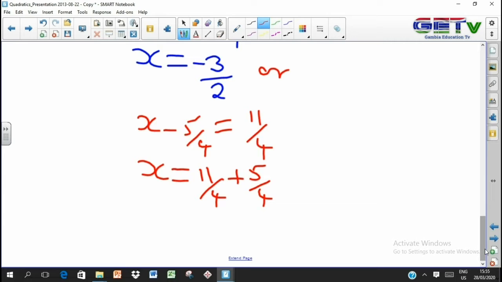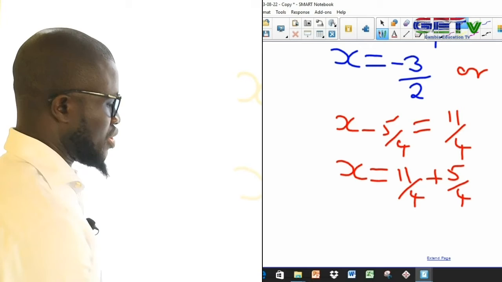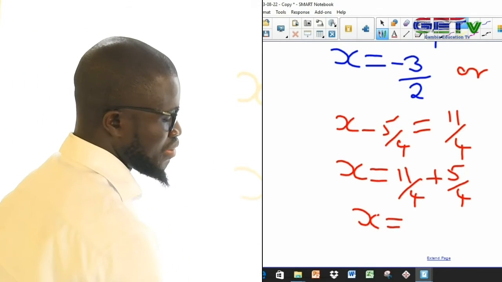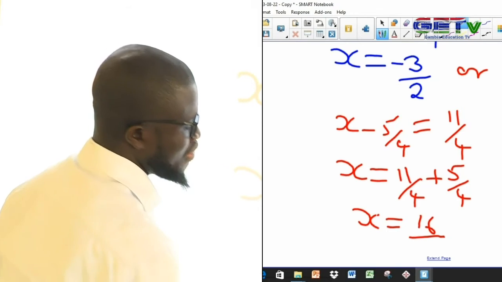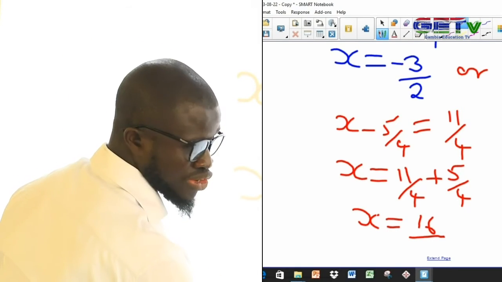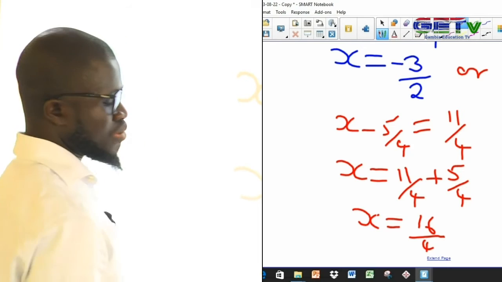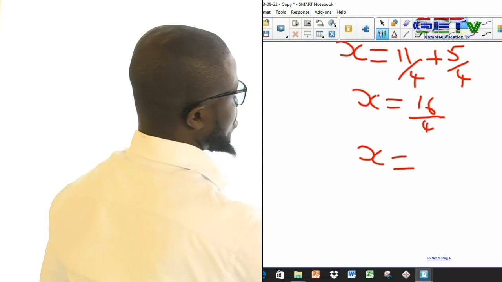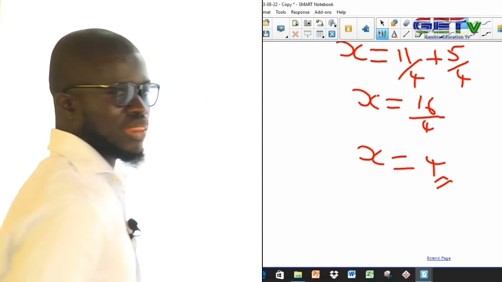Again, you will observe that they have a common denominator. So x will be equals to, adding the numerators will give us 16 all over, take one of the denominators because they have a common denominator. If you divide 16 by 4, the value of x will be equals to 4.